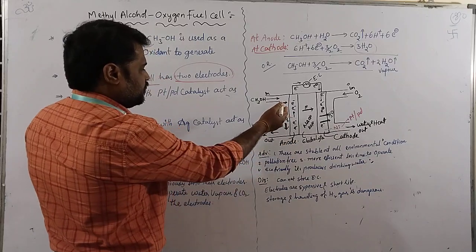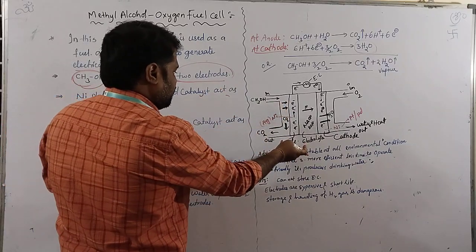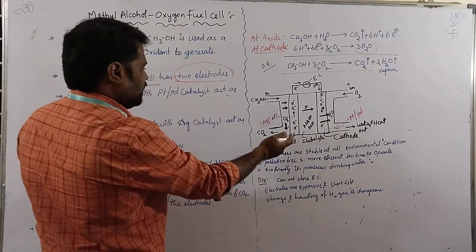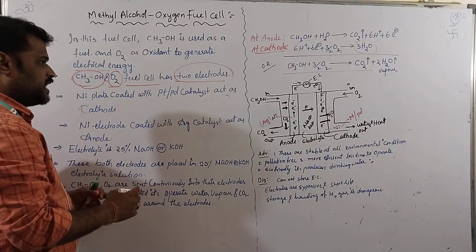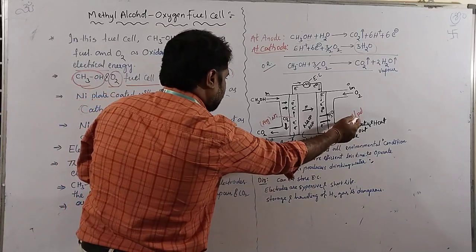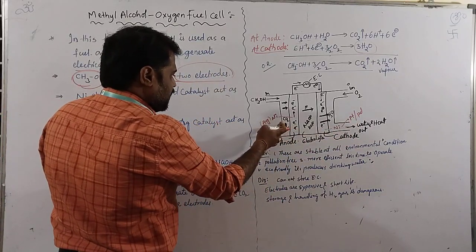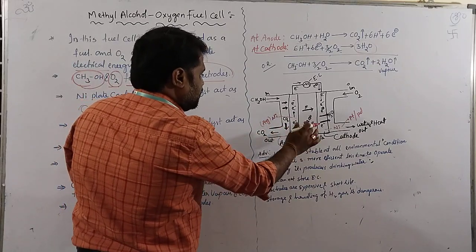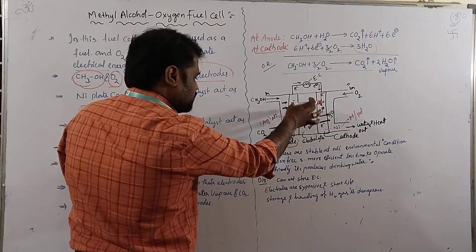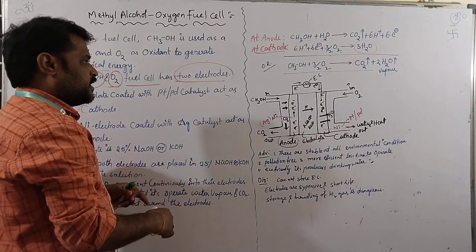The methyl alcohol oxygen fuel cell is constructed with two electrodes. A nickel plate coated with platinum and palladium acts as the cathode. A nickel plate coated with silver acts as the anode. These two electrodes are placed in an electrolyte solution of sodium hydroxide and potassium hydroxide.